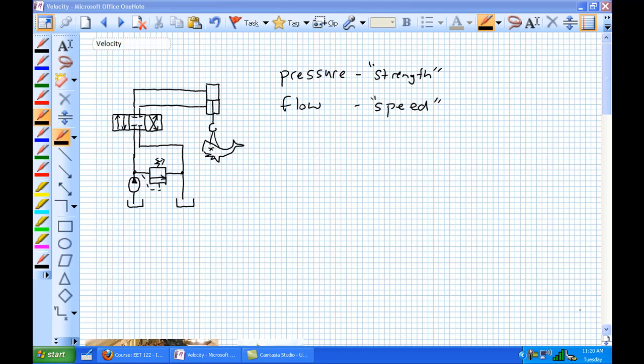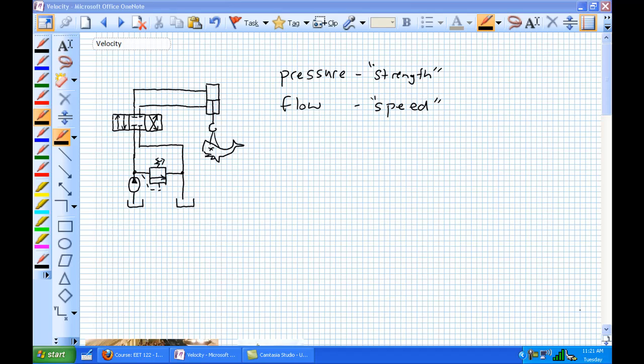If you are timing that cylinder, playing around with the pressure relief valve in a number of different settings, let's just say low, medium, and high settings, that cylinder will still extend at the same rate regardless of the pressure setting.